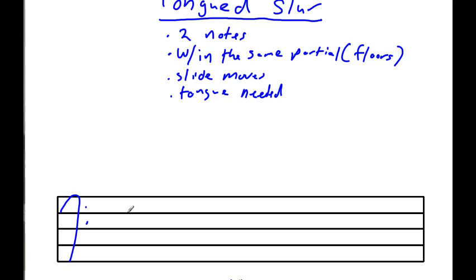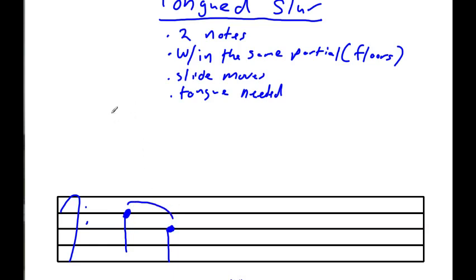There's the F here. And so if we have an F going down to, oh, let's make it really hard. Never mind. Let's just go to a D. And there's a slur mark over it, F down to a D.